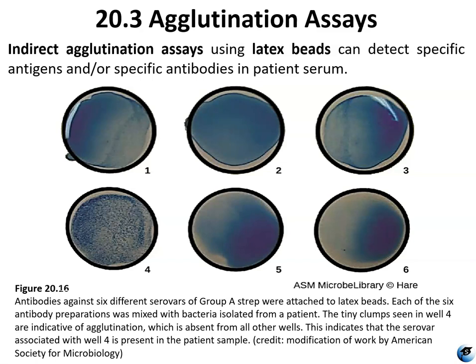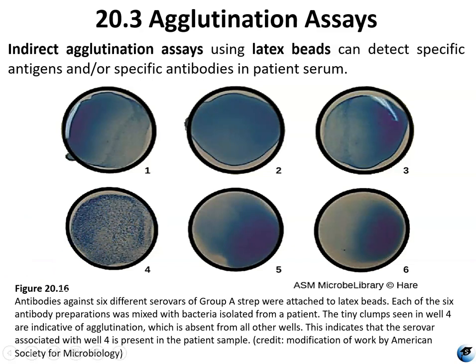And if you look here in well 4, you have agglutination, and you don't see that in any of the other wells. So again, it's a case of looking for things that are settling out of solution, that started out liquid and are becoming solid, right? They're kind of clumping up. You see all of the little clumps on this bead.